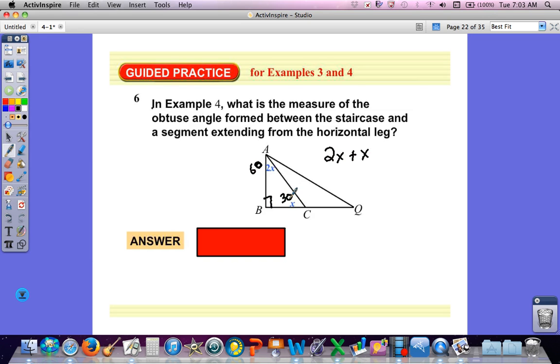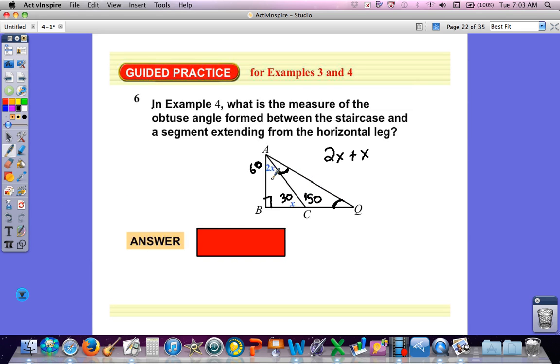So if this is 30, 180 minus 30 is 150. So we need to find this angle and that angle. So this is 150, that's not a 90 degree.